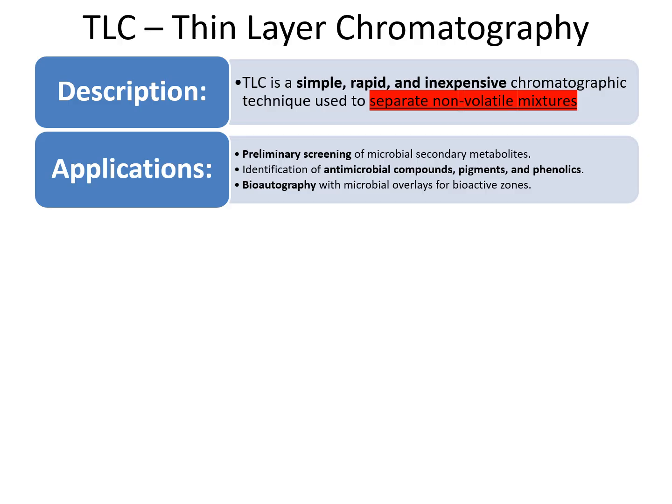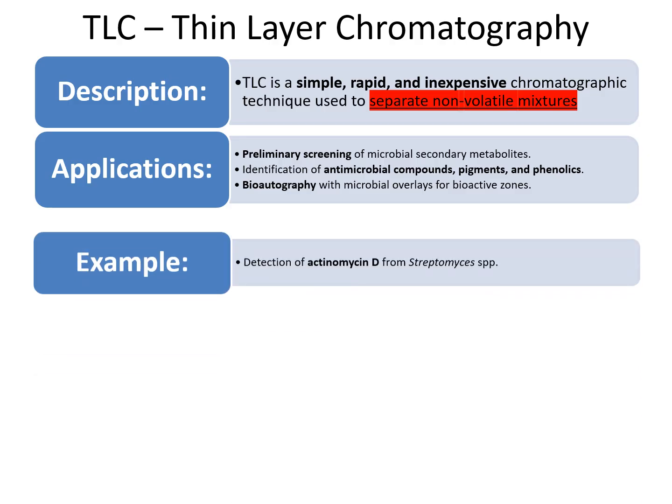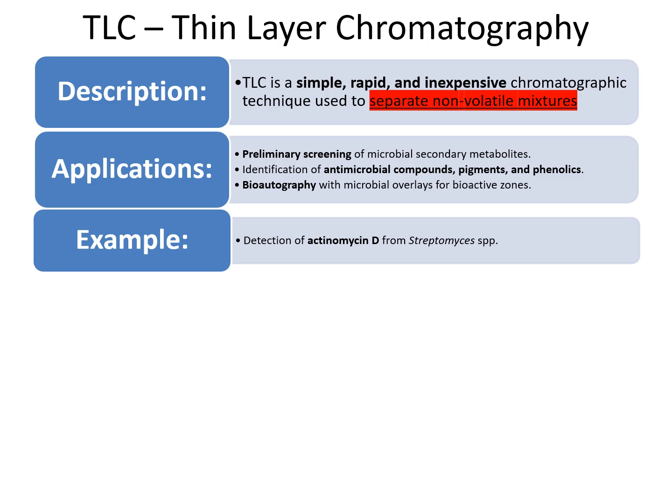It is also used in bioautography to detect bioactive compounds. For example, it can be used to detect secondary metabolites such as actinomycin D, which is produced by Streptomyces species.